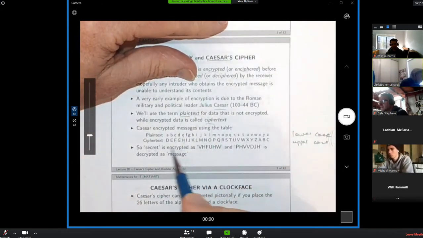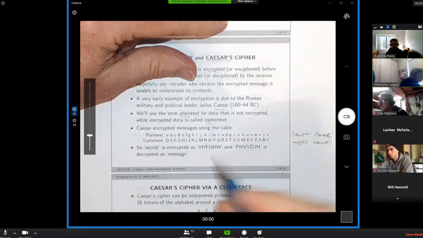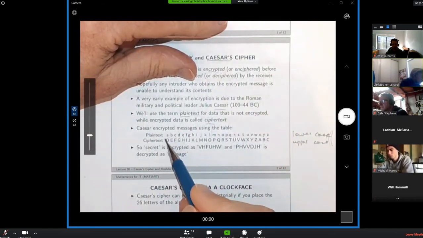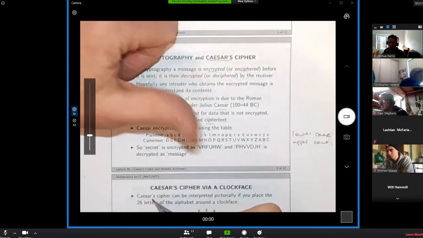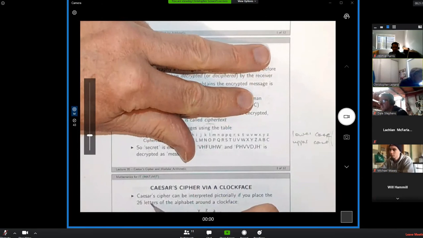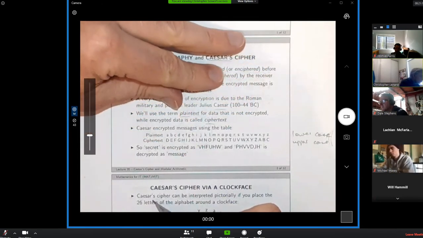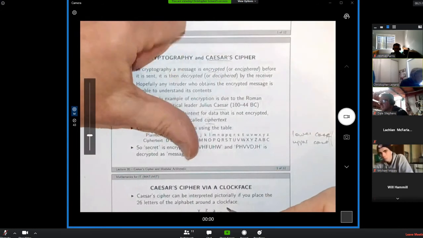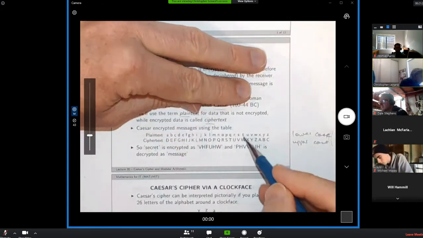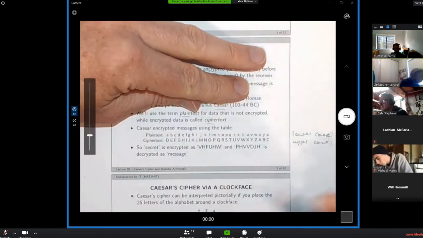If we encrypt, then T becomes W. And notice that in this encryption, A becomes D, B becomes E, C becomes F, and basically they've been shifted forward. So we begin with A, then we go B, C, D. So we've shifted forward 3 places. S becomes V, well, S, T, U, V. Again, it goes forward exactly 3 places.